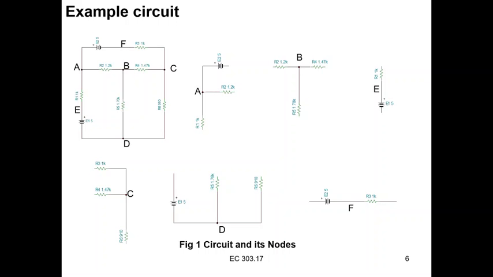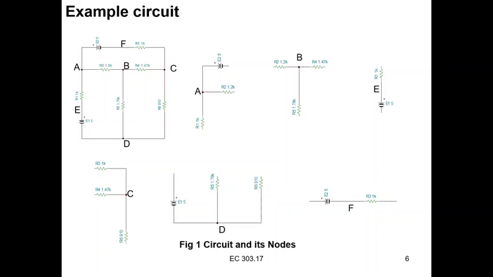These three are connected at a point A, that is called node A. And node B in the circuit is R2, R4 and R5. Three resistors are joined at a point that is called node B.